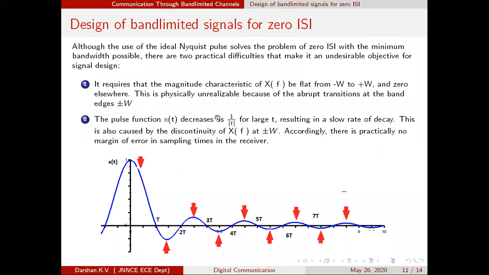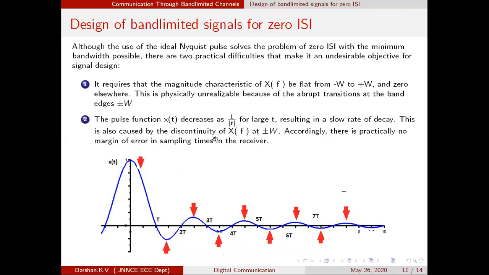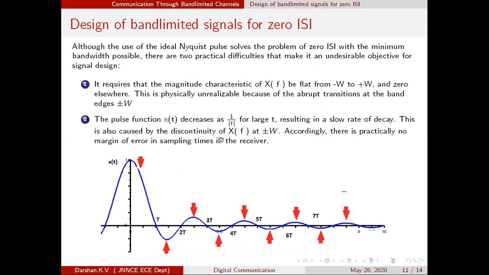The first point, whatever I have told, is physically unrealizable. What is physically unrealizable? This type of pulse is physically unrealizable. You cannot have a source which is going to generate this type of pulse. That is the meaning of physically unrealizable. Why? Because this type of abrupt transition is not possible. That is the first problem.